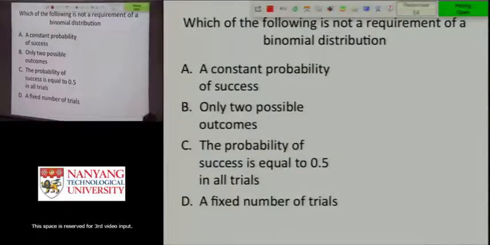Okay, one more minute. We get more responses than last time.